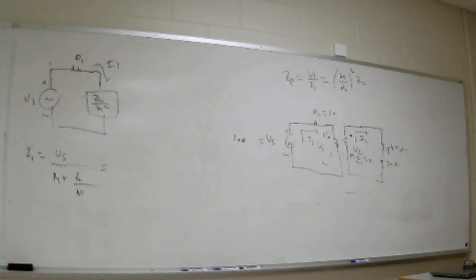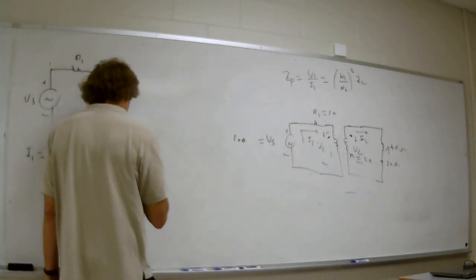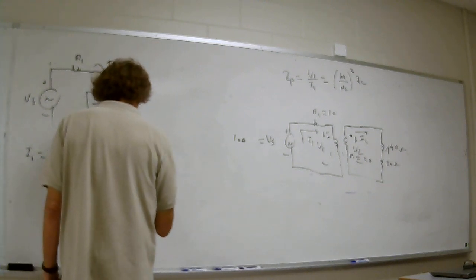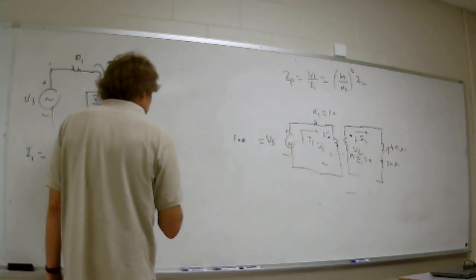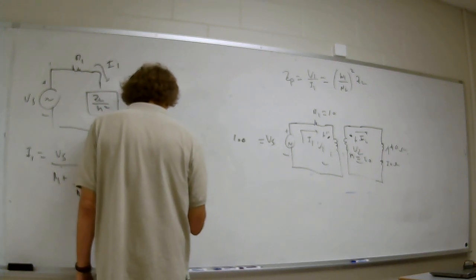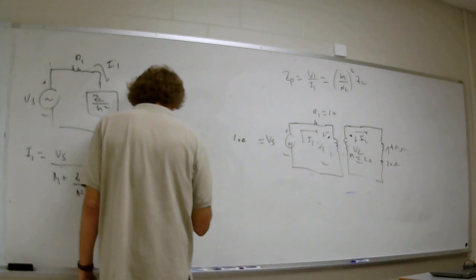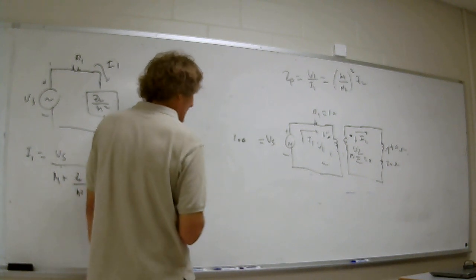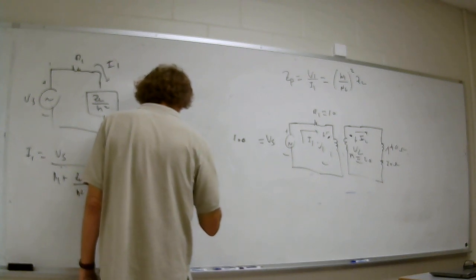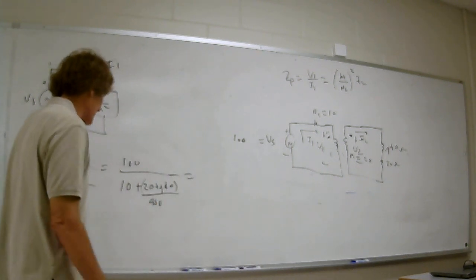All right, so Vs, I made it 100. R1 I made 10. And ZL I made 20 plus J40, but I've got it divided by N squared. N was 20, so that's divided by 400, right? You're going to see that's dang near 10 amps.